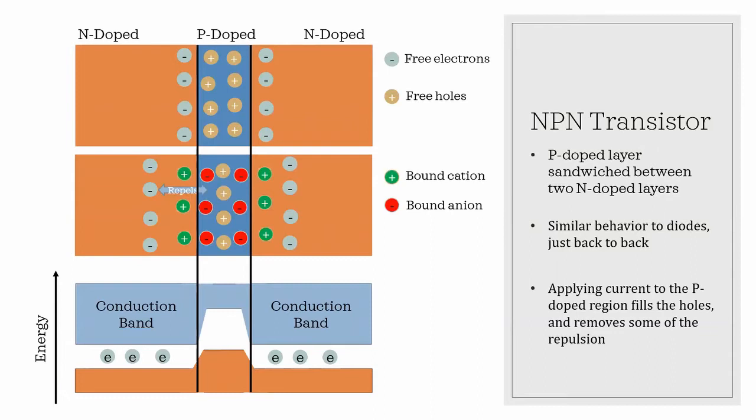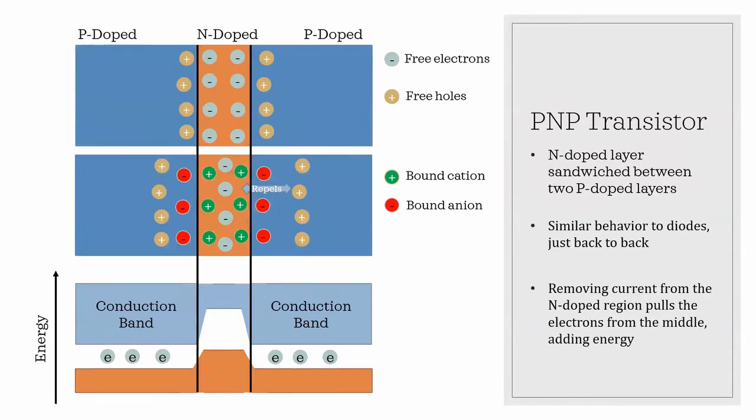So you need 3 terminals, 2 for the electrons to flow from one side to the other, and then the third one in the center controls the ability to allow that current to flow. And then PNP works basically the same, except instead of adding current to the central layer, we're going to need to remove current from the central layer.